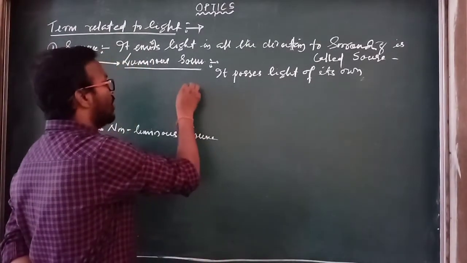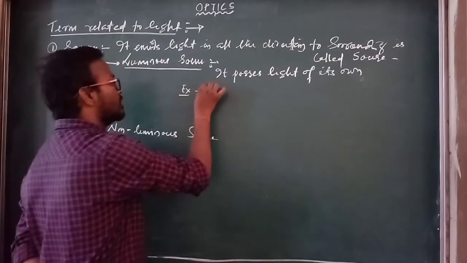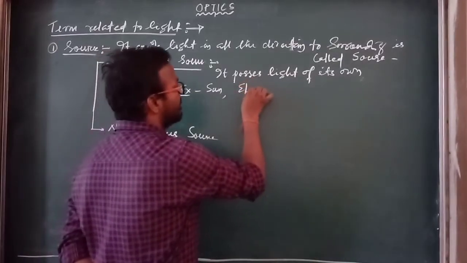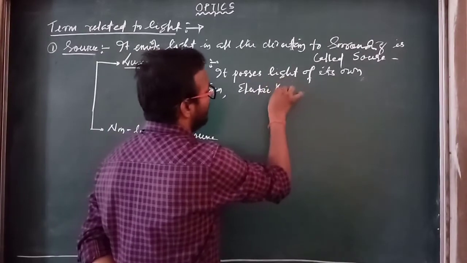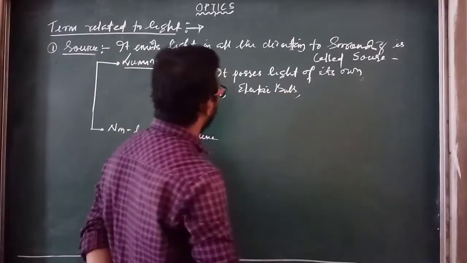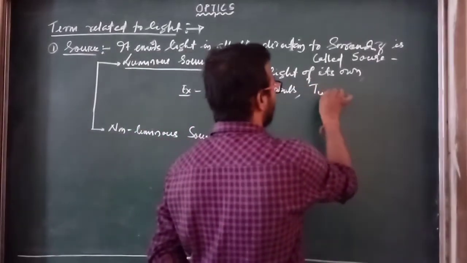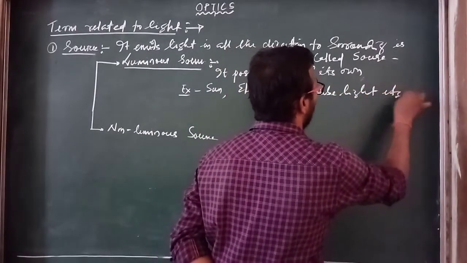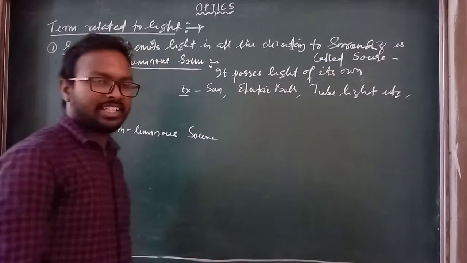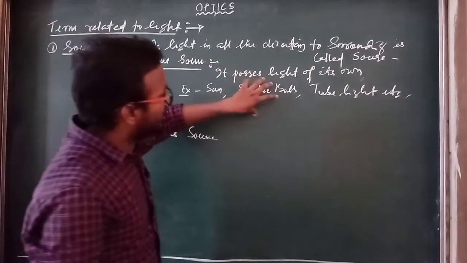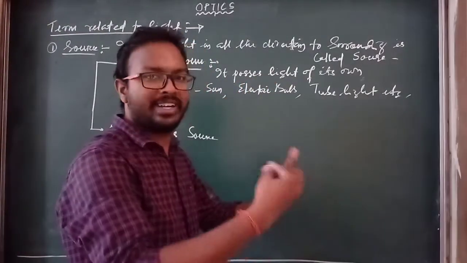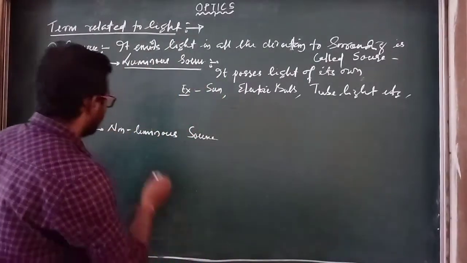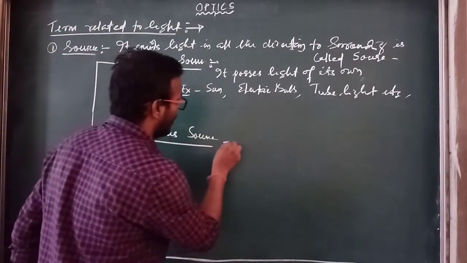An example of a luminous source is the sun, which emits light of its own, and an electric bulb or a tube light. These are sources which emit light of its own, and they are known as luminous sources.